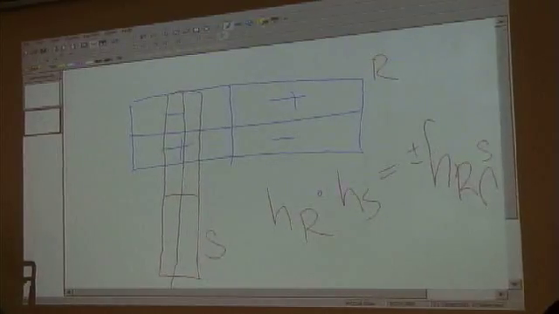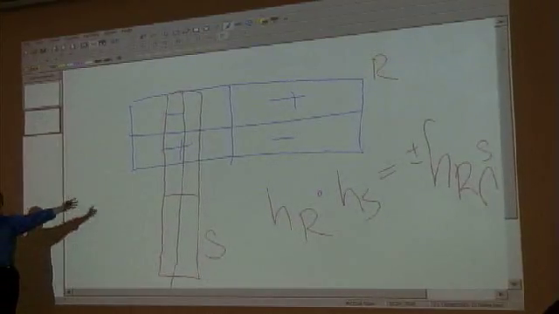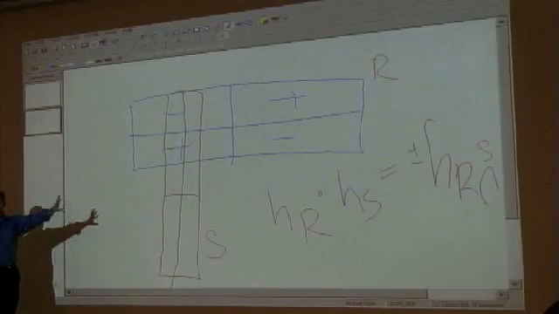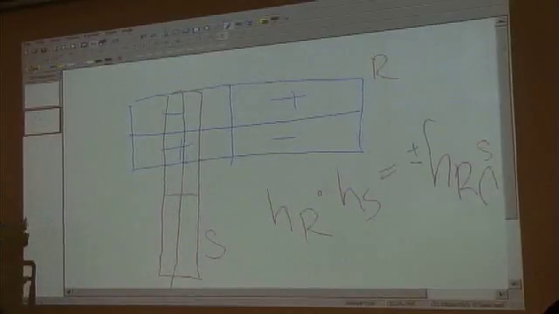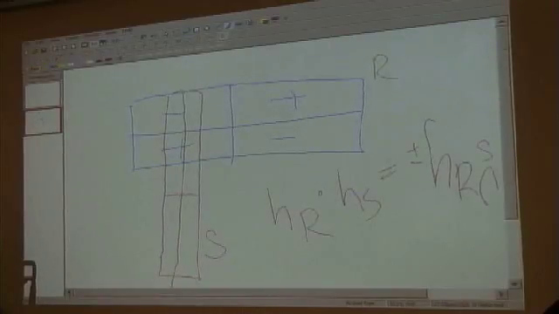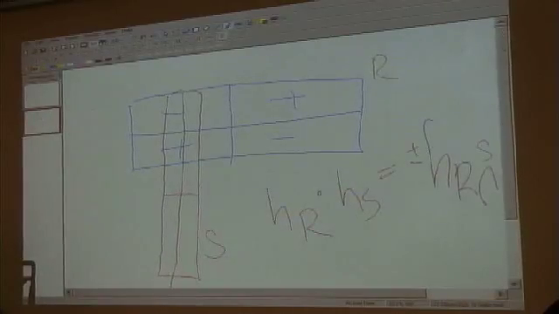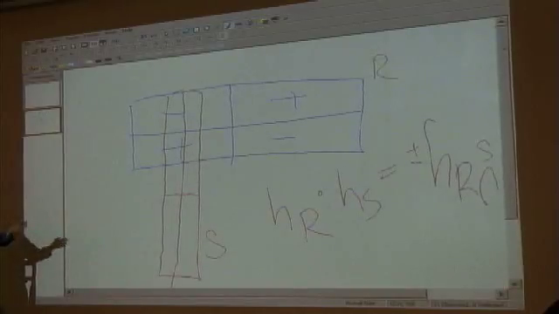Okay, so it's a product rule. The product of R's is R. Of course, we need to specify that the R's should be adapted, that the sides of the rectangles don't line up, but aside from this restriction, we have a product rule. The product of R's is R.